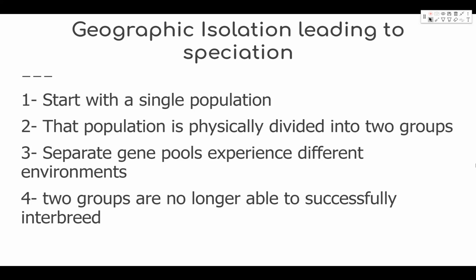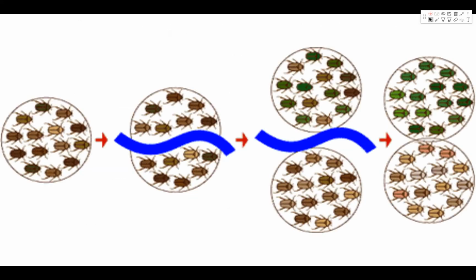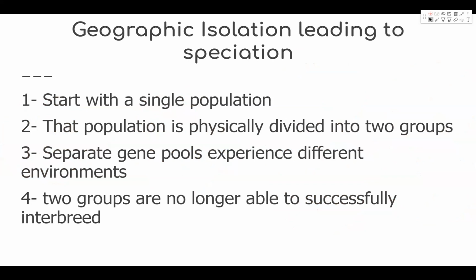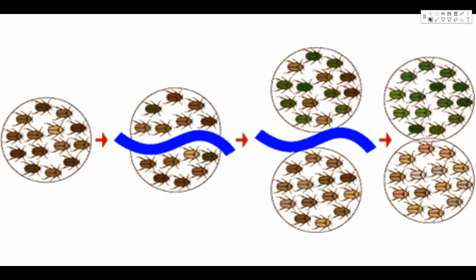I got one more example for you. Another example, we got bugs. We've got our population of bugs, and our river separating the two.